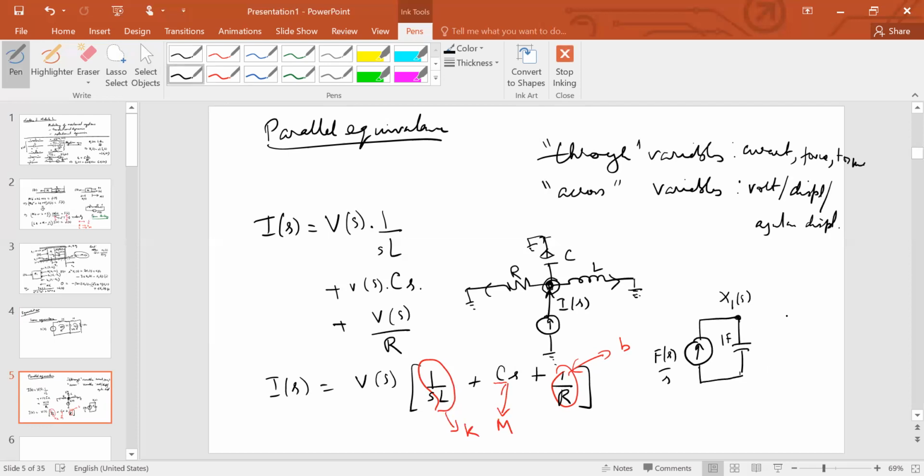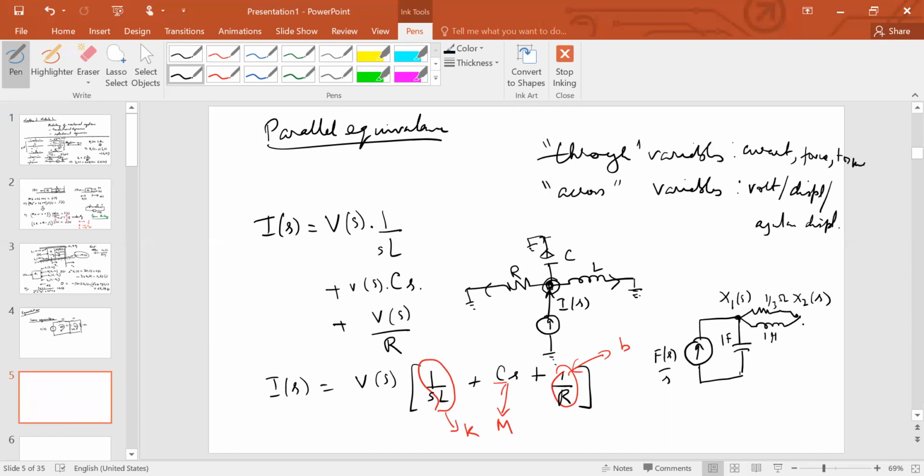There's another junction here whose voltage we call X2 of S. And between X1 and X2, what they're going to share is a resistance of value 1/3 ohms, and an inductance of magnitude 1 Henry.